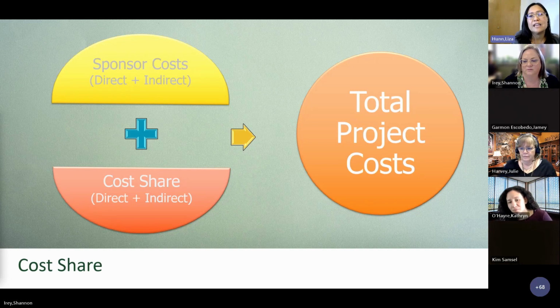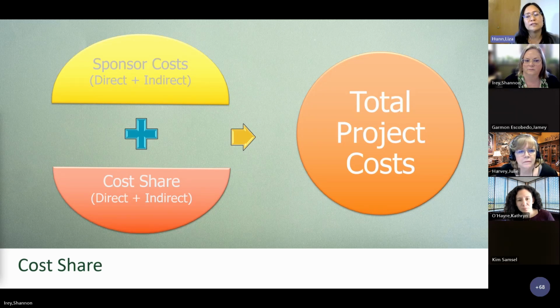Cost share is the part of your total project costs that is not covered by the sponsor. So we have monies that we are requesting of your sponsor. It's the things that you still need in order to accomplish the proposed scope of work. So if it's not covered by the sponsor, it's the cost share piece.